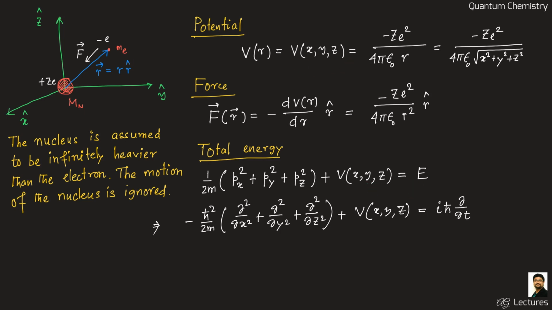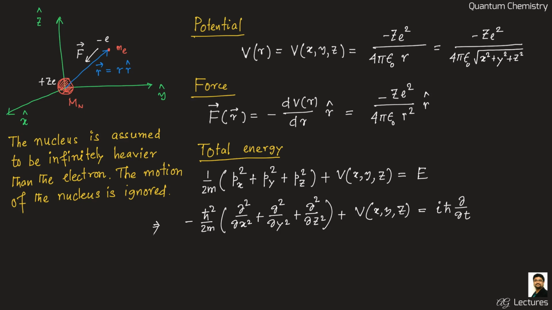Now we can use this expression for total energy to make the operator form of this equation. Then we can use operators for the potential and for the total energy, and we get the time-dependent Schrodinger equation ready for the hydrogen atom.